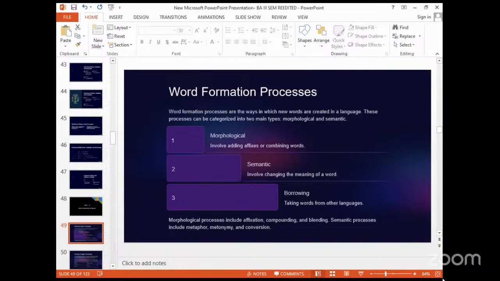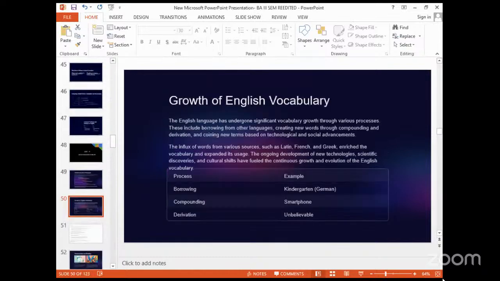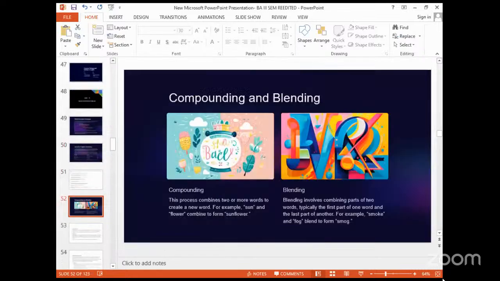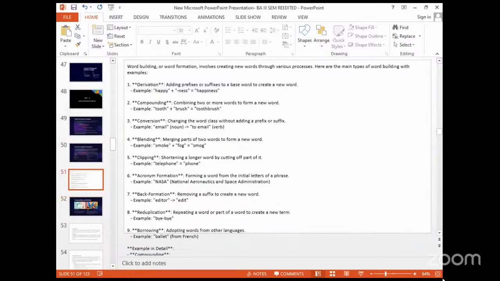Morphological processes include affixation, compounding, and blending. Semantic processes include metaphor, metonymy, and conversion. But we are looking into a few processes of word formation, as per your book, like derivation, right?